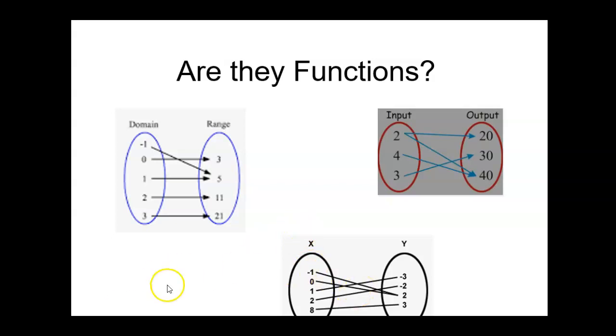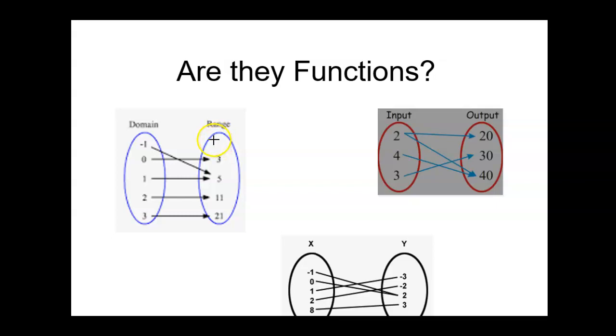The x values are the inputs and they are going to y values, and those are the outputs. Here it's just calling these ones inputs, so these would be the x values, and they're going to the outputs. And here we have the domain, which is another name for inputs, and they're going to the range, which is the output. You can see the arrow is going that direction. So we know that these are our x's and these are our y's.